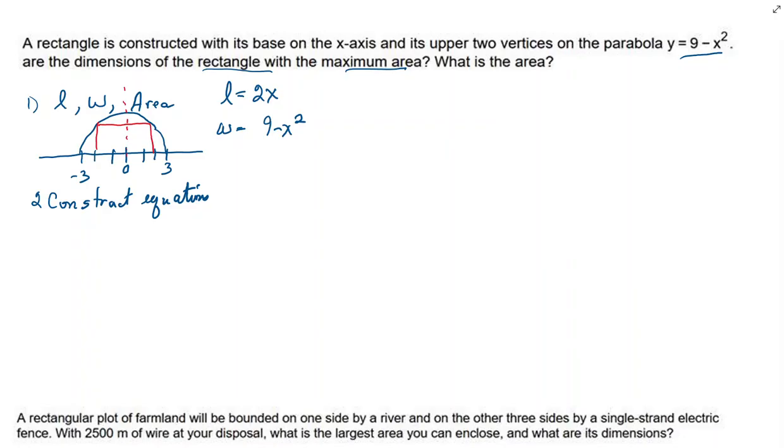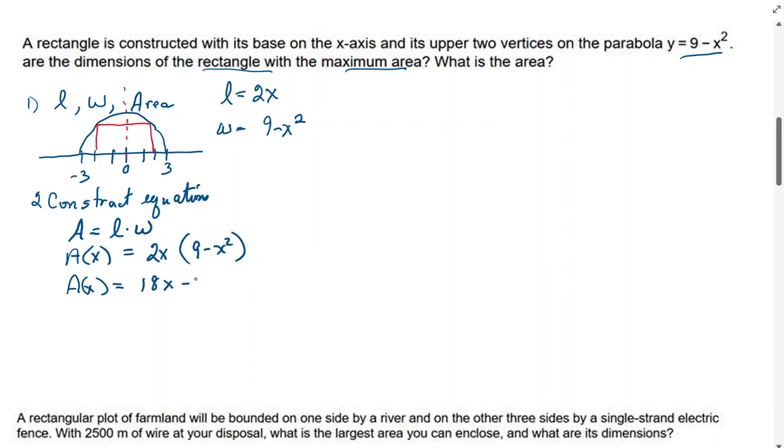Okay. So we know the area of a rectangle is length times width. So area in terms of x is going to be my length times my width. Is everybody okay with that? I'm going to do a little bit of math, so when I take the derivative, I'm okay.